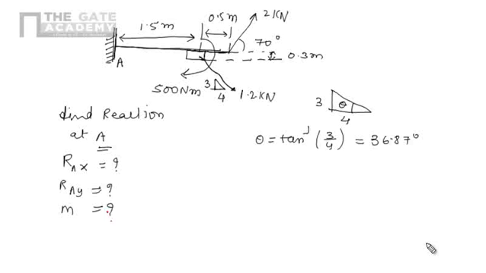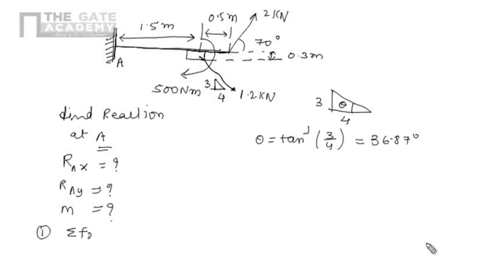So we have to use all three equations of equilibrium. That is, the algebraic summation of moments of all the forces should be 0, the algebraic summation of all the horizontal forces should be 0, and the algebraic summation of all the vertical forces should be 0. Let's start with the first condition.